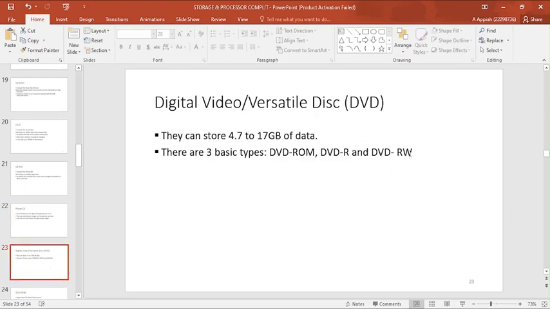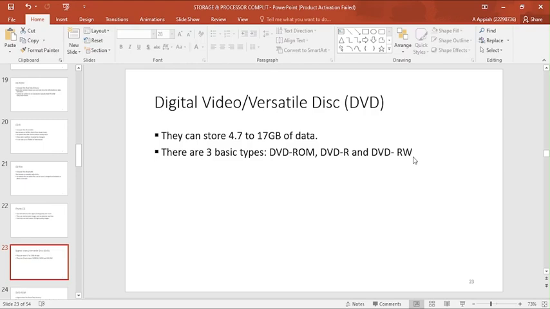Then the next one, which is also common, is what we call the digital video disc or the digital versatile disc. Unlike the CD that can store about 700 megabytes, this can store in gigabytes, from 4.7 gigabytes to 17 gigabytes of data or information.